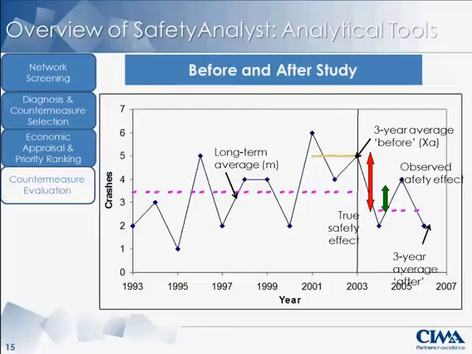Let me give you a very quick example of why that is important. Many jurisdictions claim a lot of things in newspapers and on television without doing a very thorough before and after study. They implement a countermeasure, and then they say, okay, yeah, we reduced the number of collisions by 20%. 20% is a lot.